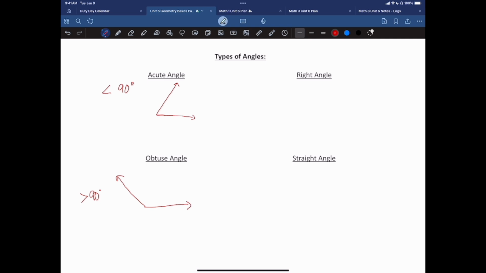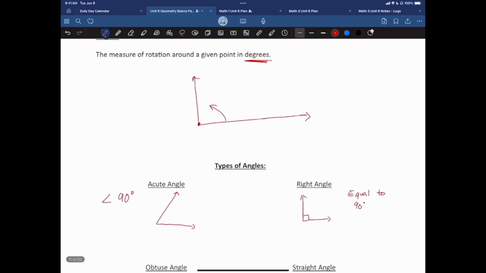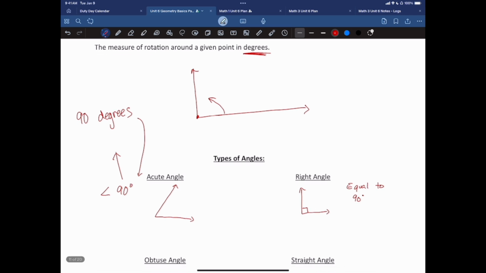We have right angles that look something like this. We know it's a right angle because it's going to be marked like so. And when I say 90 degrees, this little symbol there just means degrees.